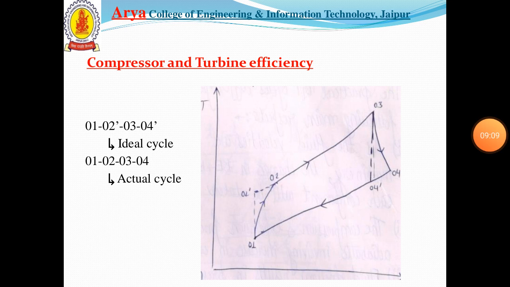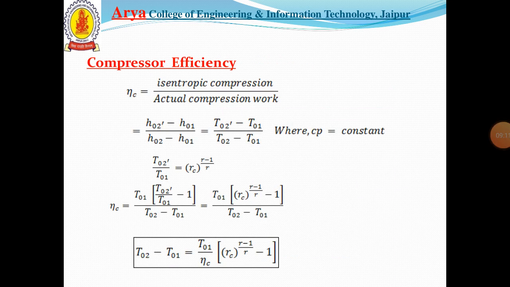Now the compressor efficiency can be calculated as the isentropic compression work upon the actual compression work. From the previous diagram, in terms of the enthalpy or HS diagram, we can get H02 dash minus H01 upon H02 minus H01, that is equal to, because the enthalpy difference in terms of Cp delta T, Cp is constant and can be cancelled out.